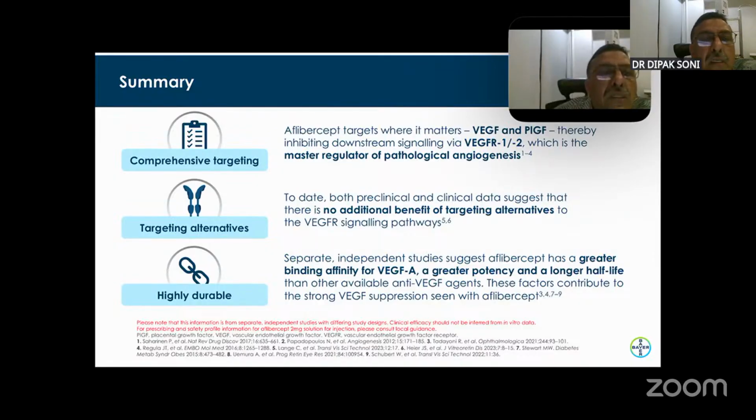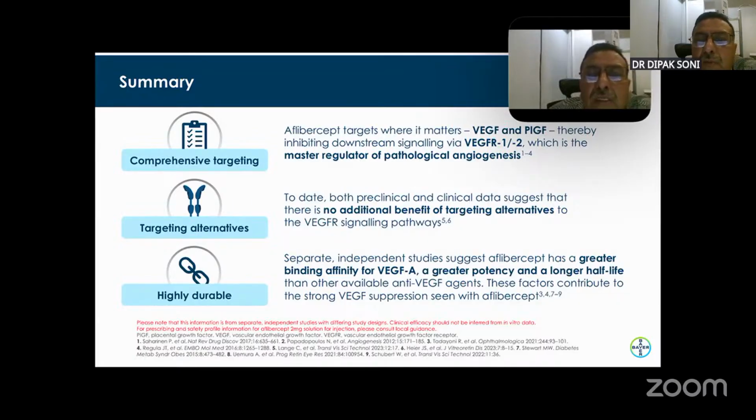So in summary, aflibercept targets VEGF and placental growth factor level, thereby inhibiting downstream signaling via VEGFR1 and VEGFR2, which is the master regulator of pathological angiogenesis.